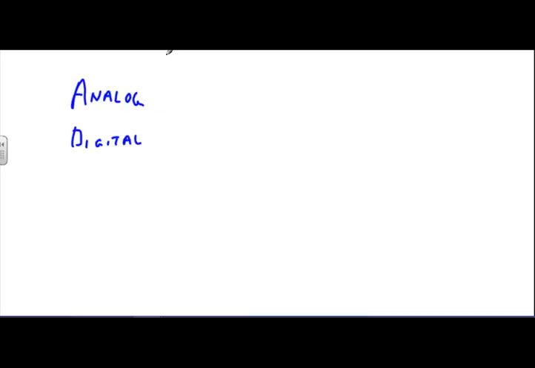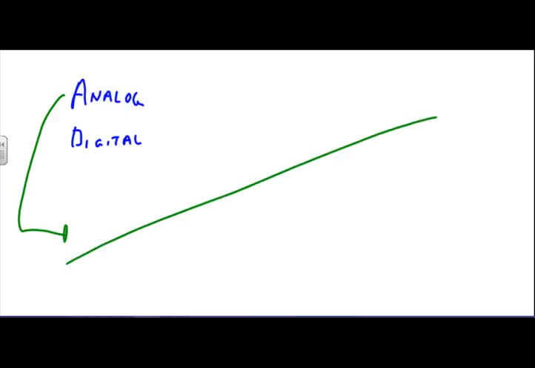Okay, so I'm going to demonstrate an analog signal first. So here's my analog signal. It is continuous. It can be anywhere on that line. It can be at a half and a quarter and a 3/8 and a 7/16, and there's a million, billion, zillion different places it could be because it's analog. A digital circuit doesn't have that.